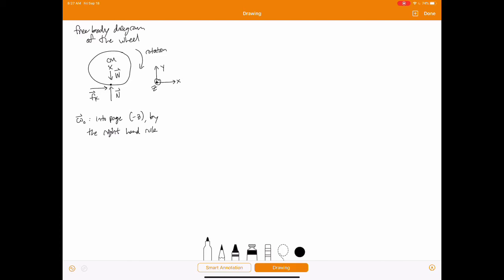Okay, so next we're going to apply Newton's second law, both the translational version of this and the rotational version. So how about we start by looking at F equals ma, that's the translational version, and we'll focus on the y direction for now.